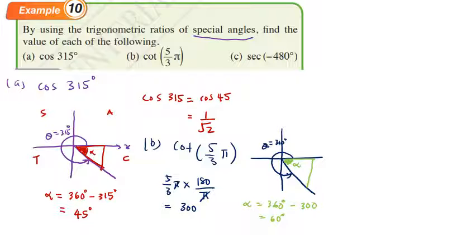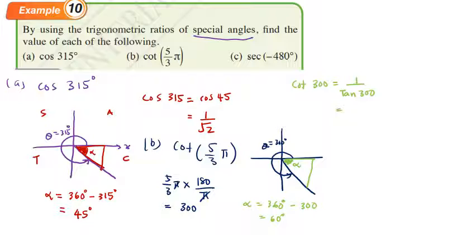Class, cot 300 has the reciprocal 1 over tan 300, right? But for 300 we take its acute angle, its reference angle, which is 60.